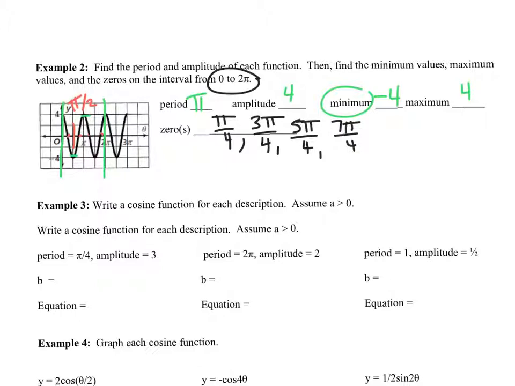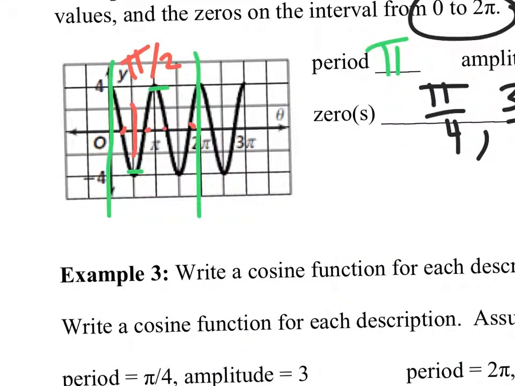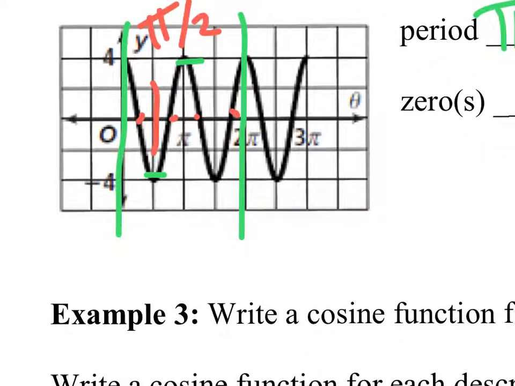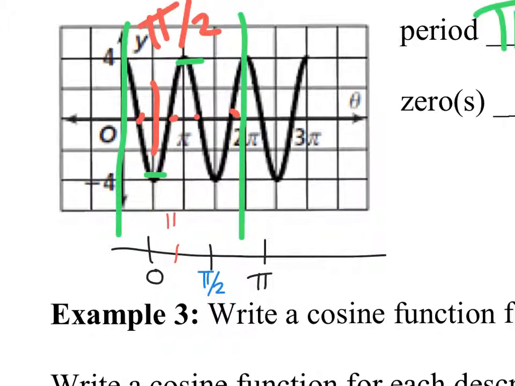If you're having a hard time seeing that or thinking about it, I'm going to zoom in a little bit. So, think of a number line, and we know that this is 0, and pi was marked right here. So, this over here would have to be pi over 2. This is half a pi. So, a fourth of pi would be right here, pi over 4.